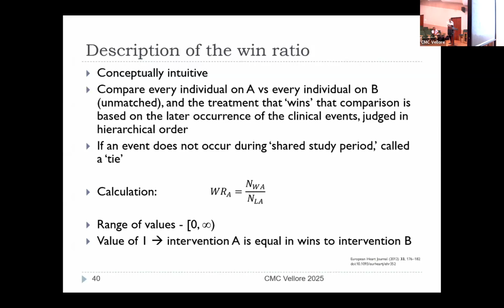He was saying that, let's say we have multiple people assigned to intervention or control. So I have person 001, 002, 003, up to 020 here, and 021, 022, up to 040 here. So I have 20 people here and 20 people here.